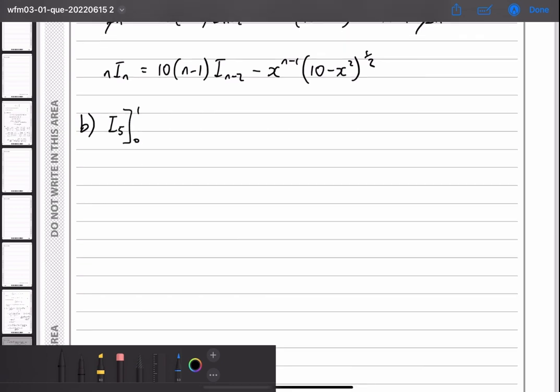So if I write out what we have here, we've got 5 I5, where n equals 5. That gives us 10 times 4 times I3 minus x to the 4, 10 minus x squared to the half.